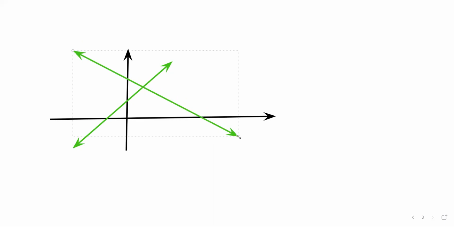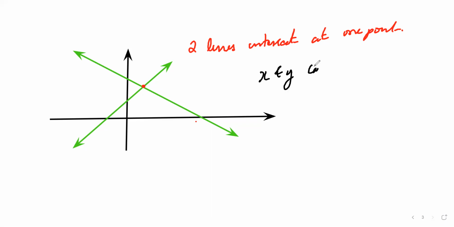And now we can clearly see that the two lines intersect at only one point. If the two lines intersect only at one point, then x and y can have only one value, can have one solution.